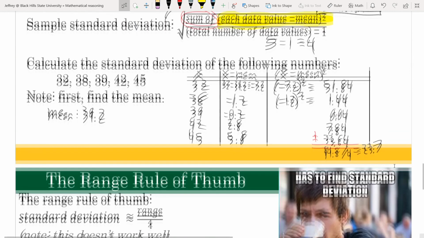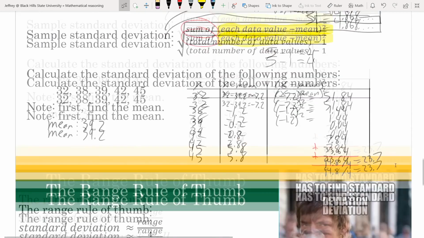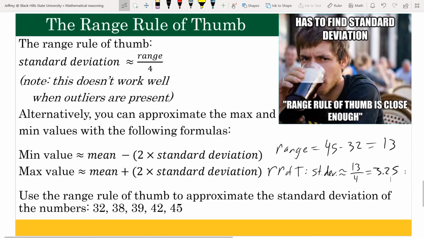Now compare that with 4.868, it probably isn't that great of an approximation for that example. The point of the range rule of thumb is to give you a rough idea, without having to do any serious calculations, of what the actual standard deviation should be.